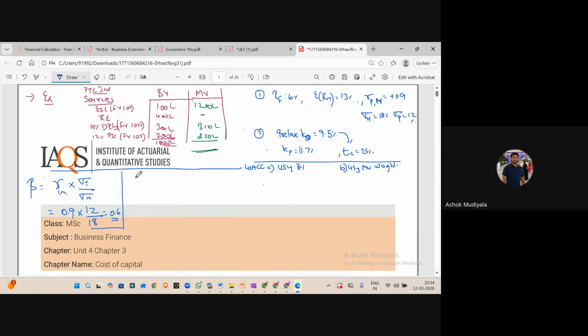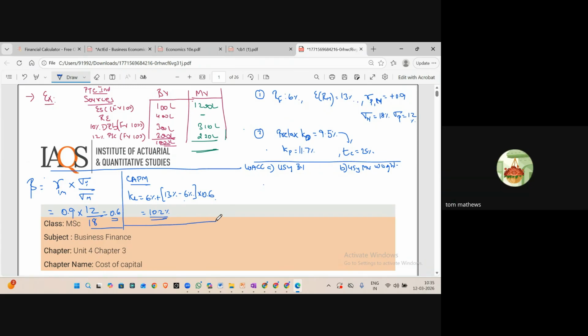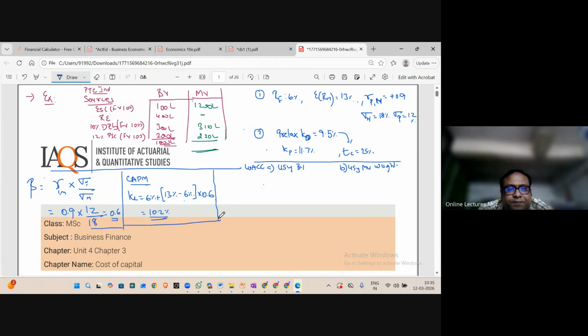Now we will apply CAPM. Using CAPM, finding KE, we get 6% plus (13% minus 6%) into the beta of 0.6. 7 into 0.6 is 4.2, so it's 10.2.